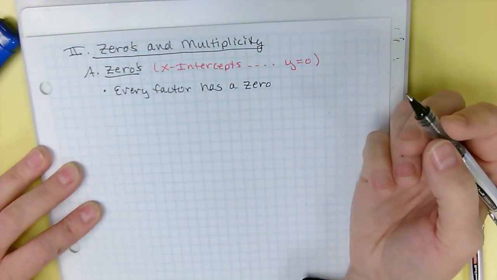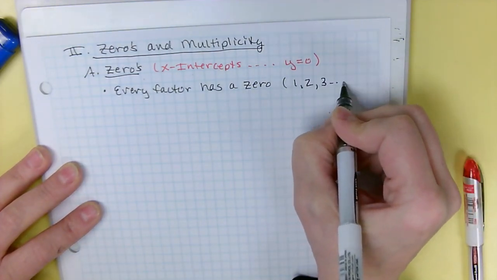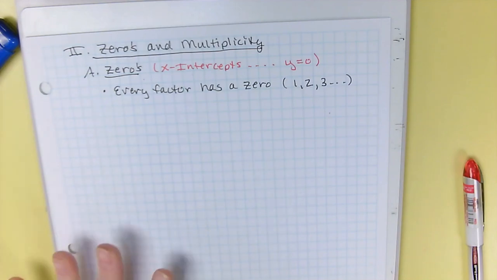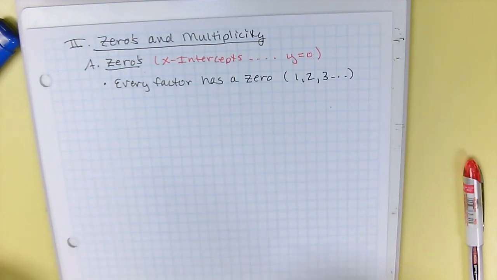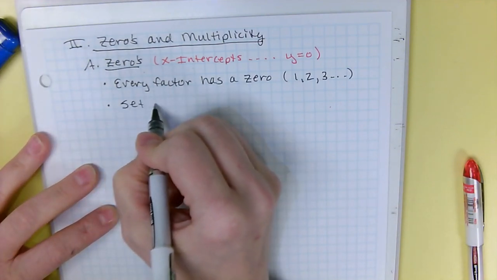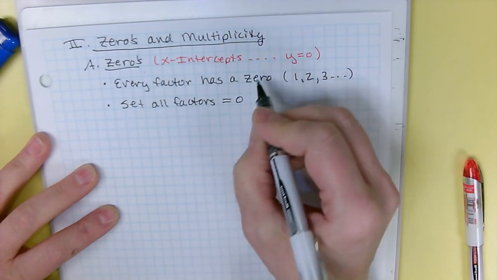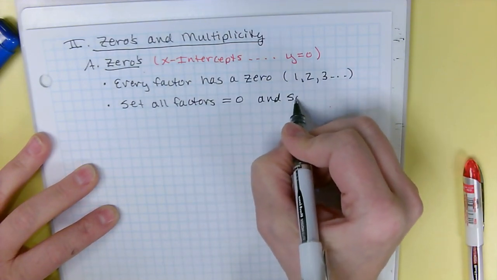And it might have more than one. It's possible to have 1, 2, 3, and so on, depending on the type of factor you're looking at. So to find a 0, you set all factors equal to 0 and solve.